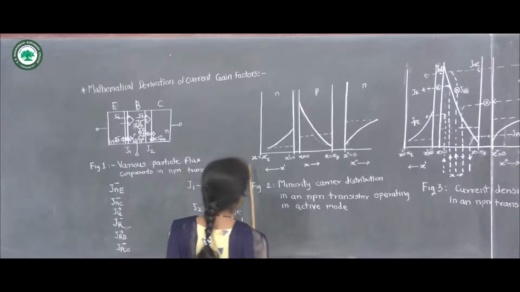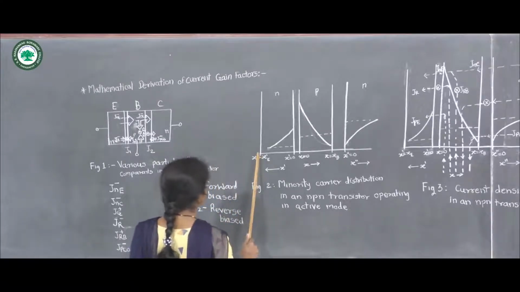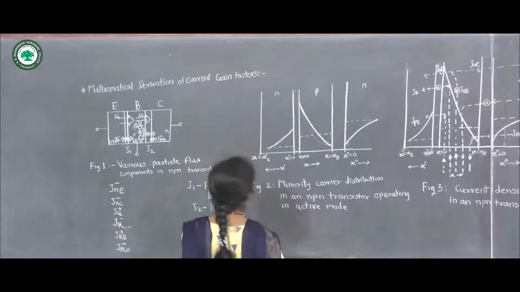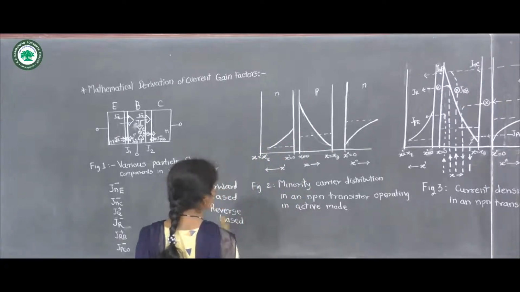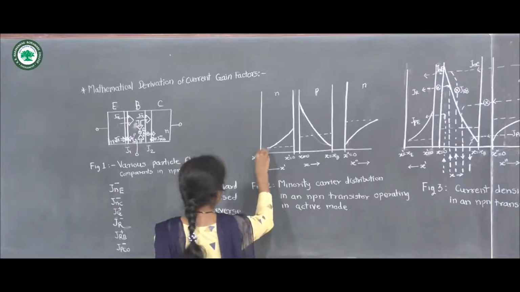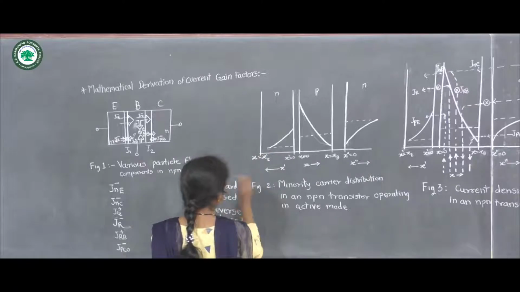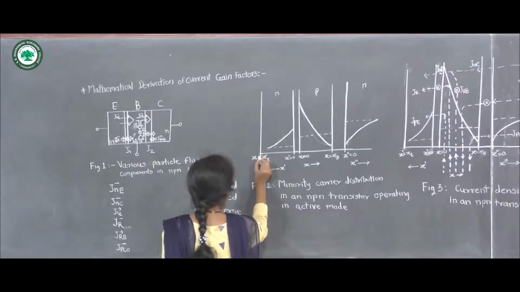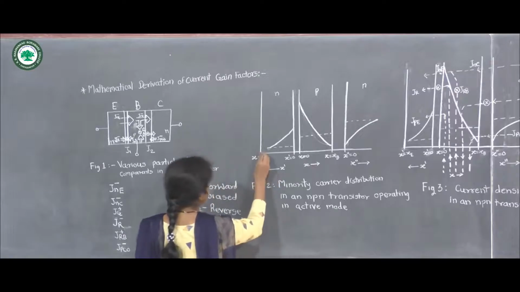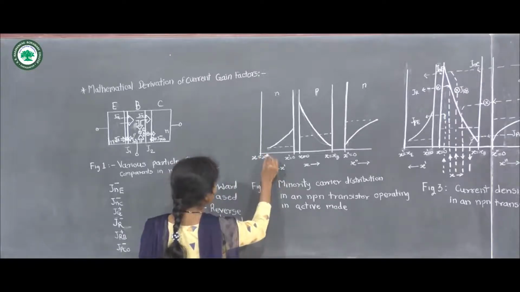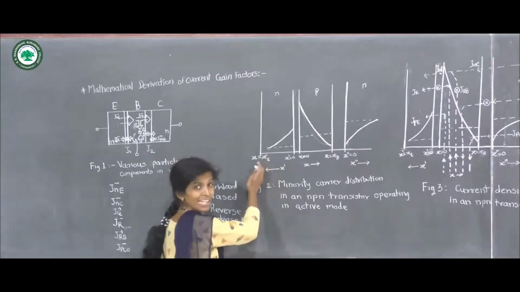So in this figure, this is the NPN transistor which is working in the active mode, and there are different regions denoted by x dash equal to xe dash, which is the limit.